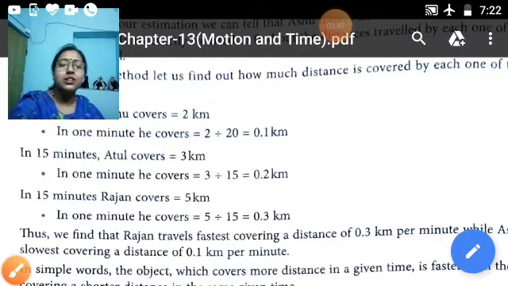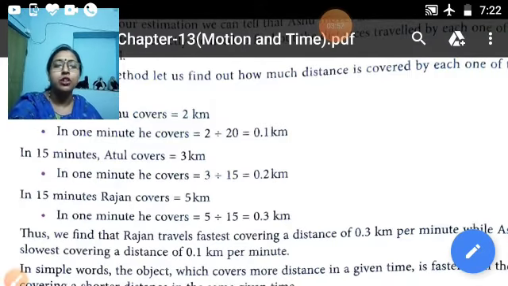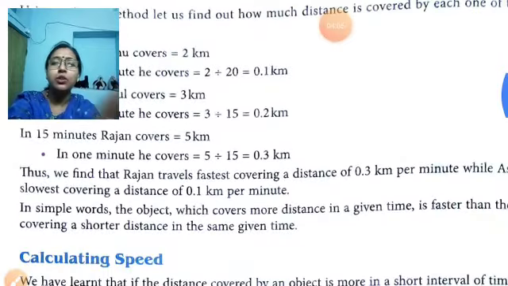So Rajan is traveling fastest, covering a distance of 0.3 kilometers per minute, whereas Ashu is the slowest, covering a distance of 0.1 kilometer per minute. In the unitary method we only find one unit from a given unit. So we are finding the distance traveled by each person in 1 minute. In this way we find that Rajan is the fastest and Ashu is the slowest.